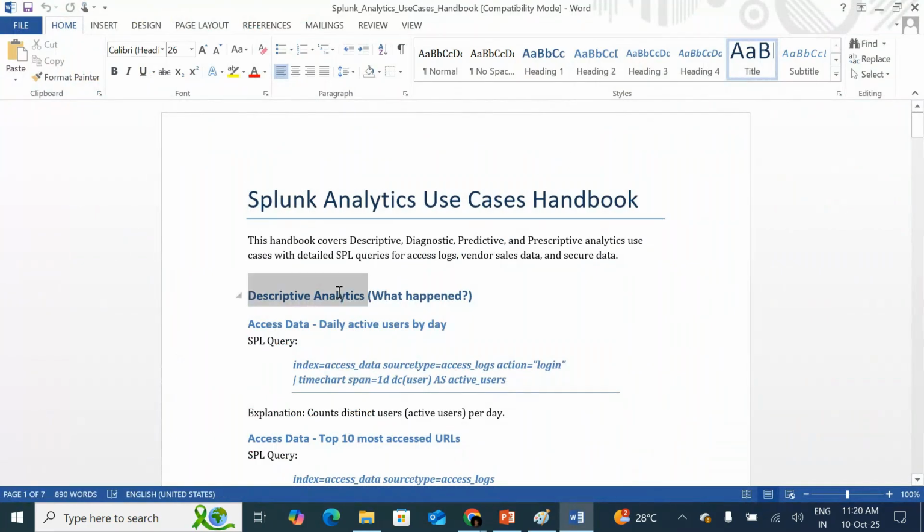Descriptive analytics, diagnostic analytics, predictive analytics, prescriptive analytics.